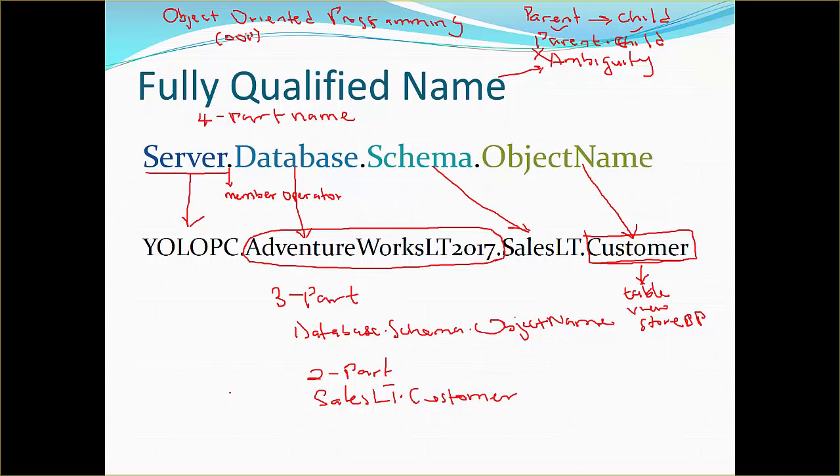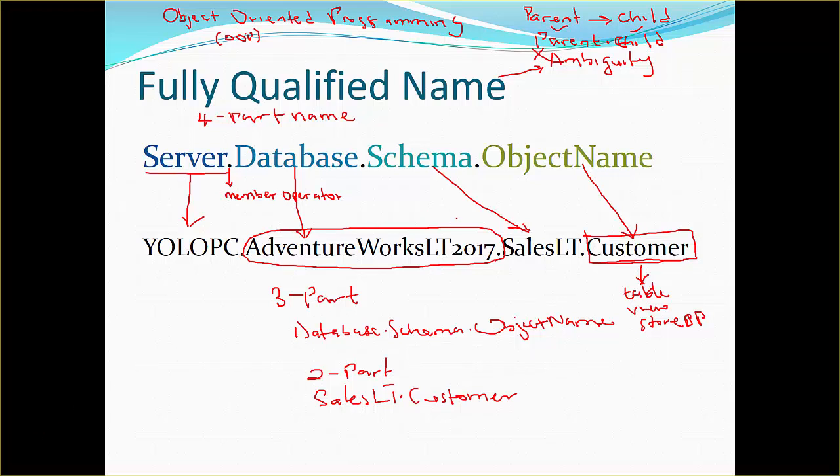But since we are on a particular server, we can drop the server name and just use the three-part name, which consists of the database dot the schema dot the object name. At the same time, we can use the two-part name, the schema name dot the object name.